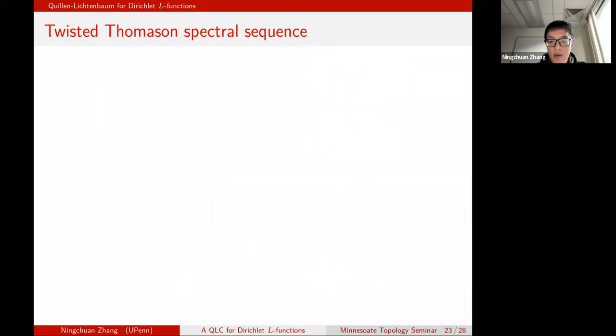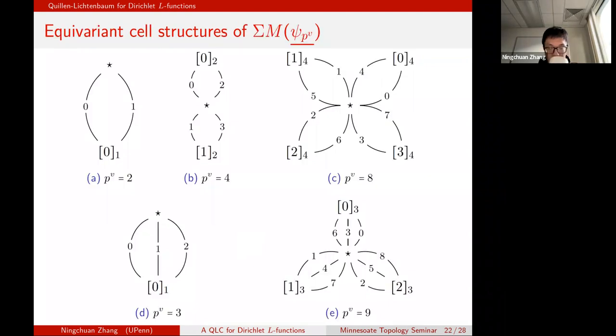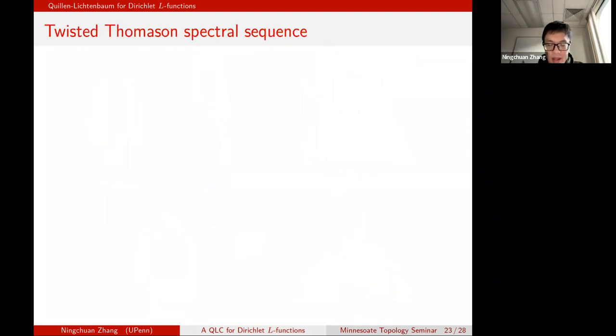And from there, once we have this, we can recall one important step in connecting the L functions with algebraic K theory, which is the Thomason spectral sequence. So a natural way to generalize the classical Quillen-Lichtenbaum is to mimic the diagram.